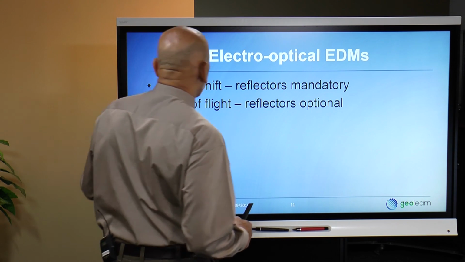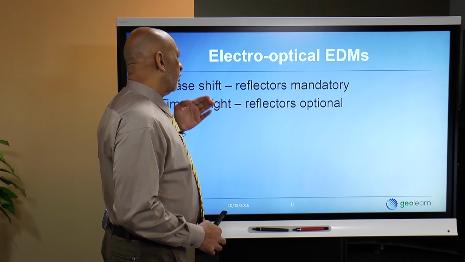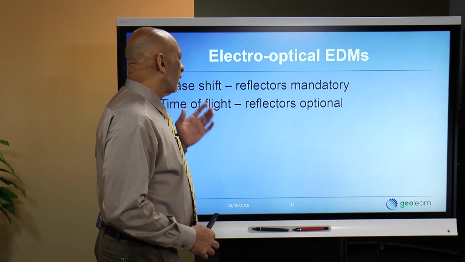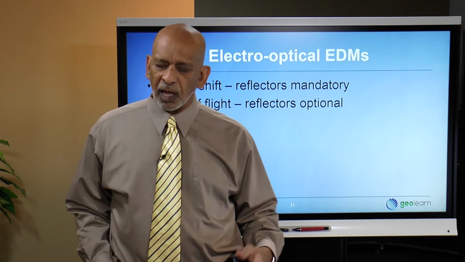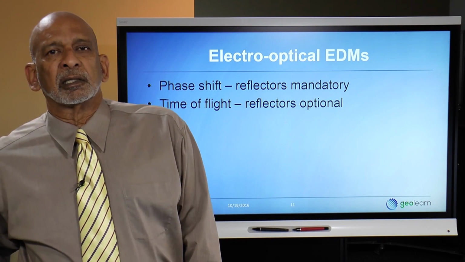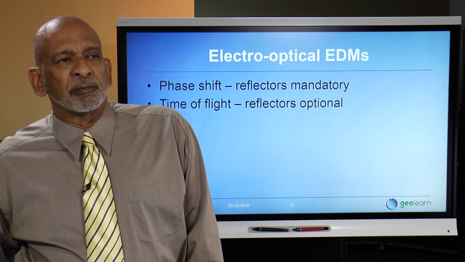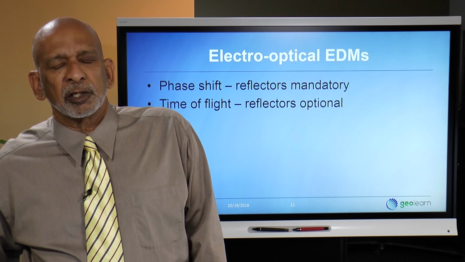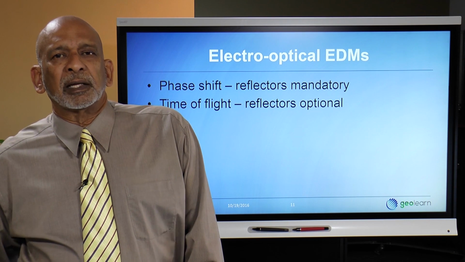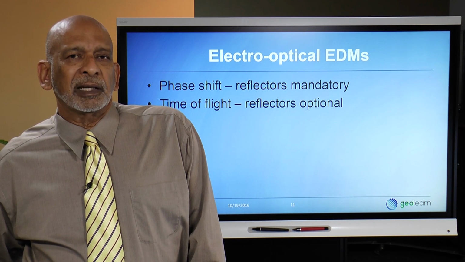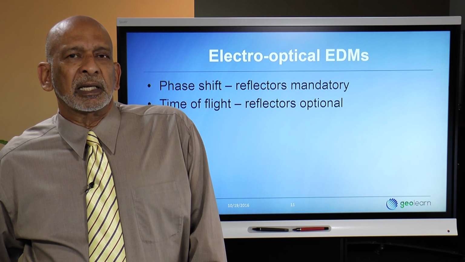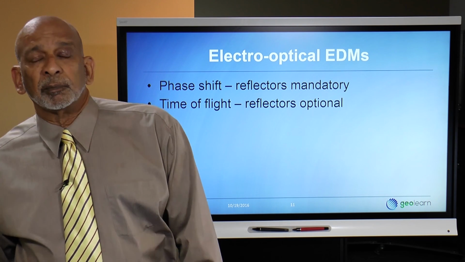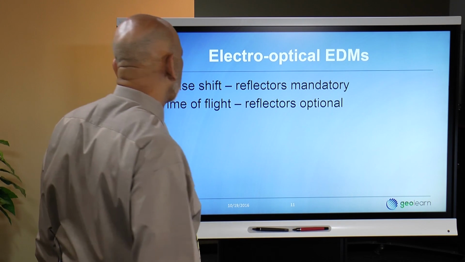We have two types. One is called a phase shift EDM, the other is called a time of flight EDM. Now, many people think that all EDMs in existence since the beginning of time have been time of flight EDMs. It turns out that time of flight EDMs have only come about fairly recently, and most of the EDMs that have been manufactured have actually been phase shift EDMs.